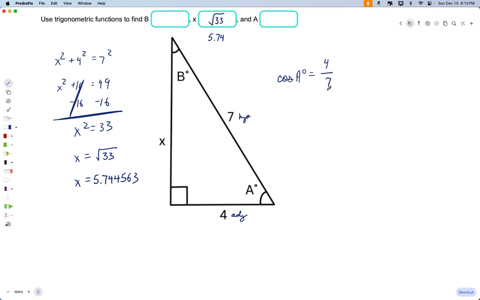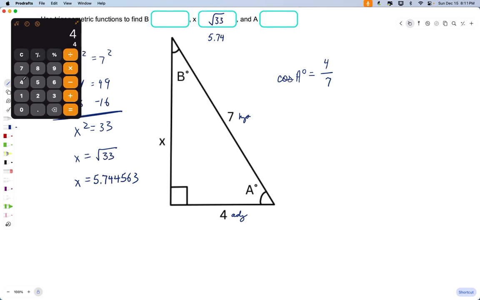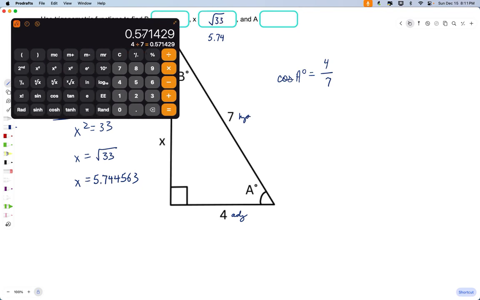So we're going to say 4 divided by 7 equals, okay, it equals that. That's my cosine. I'm going to use my inverse cosine, and it's going to tell me that's 55.15. So A is equal to 55.15 degrees. 90 minus 55.15 is 34.85.